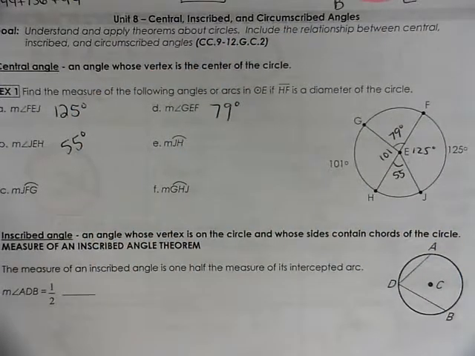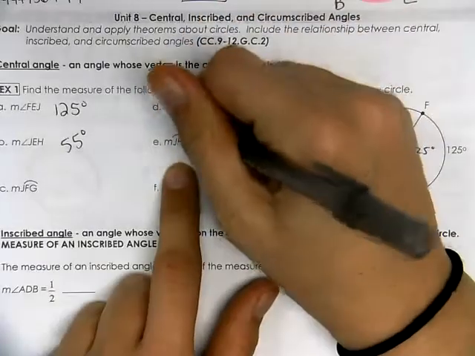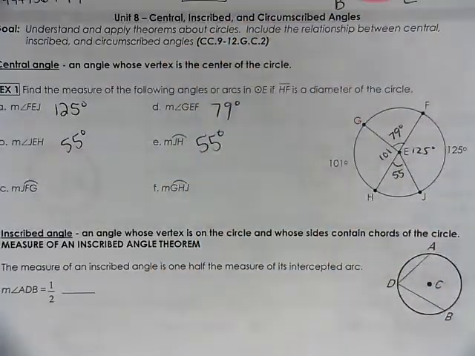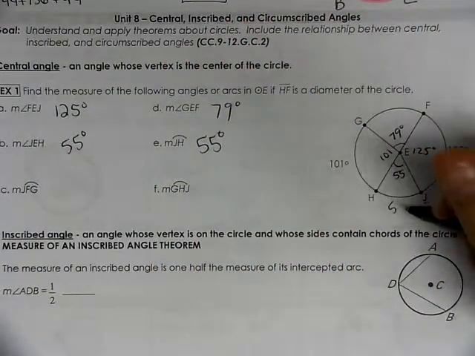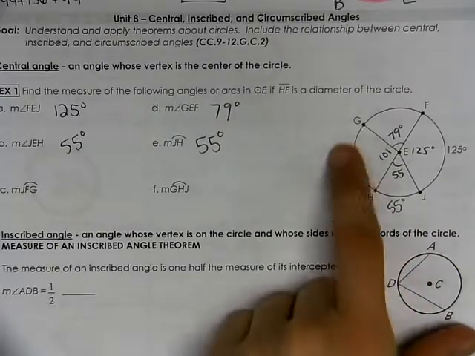Okay, now that we have the measures of all the angles on the inside, we can find all the arcs on the outside. So how big is just the arc JH? 55. It's the same as the angle. And usually when the arc measure is there, it's on the outside.